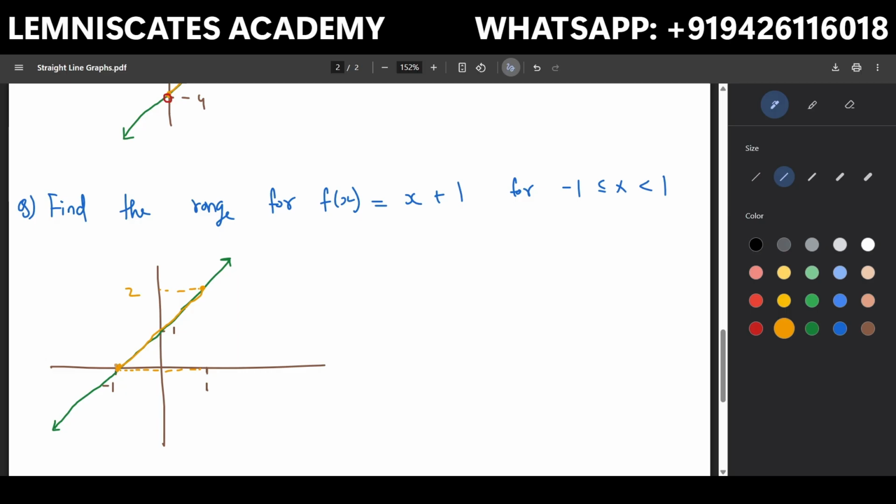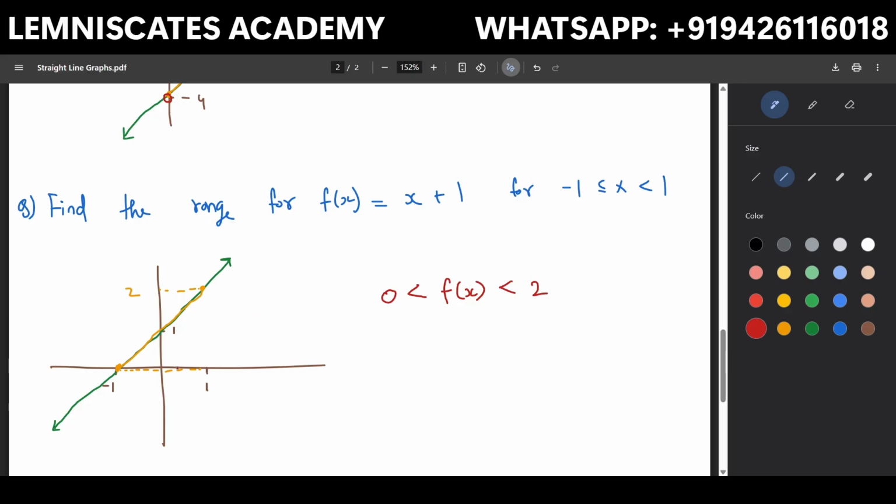Now, because I know that the minimum value is 0 and the maximum value is 2, as I explained in the second video of this playlist, your range is going to lie between the minimum value, which is 0, and the maximum value, which is 2, and your function will lie exactly between that, and the less than sign will come over here.